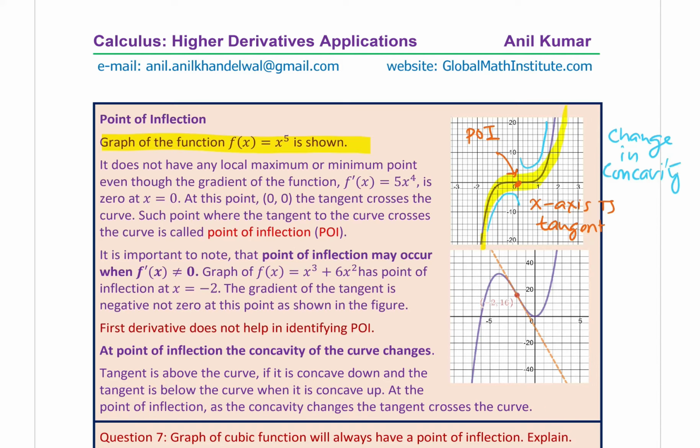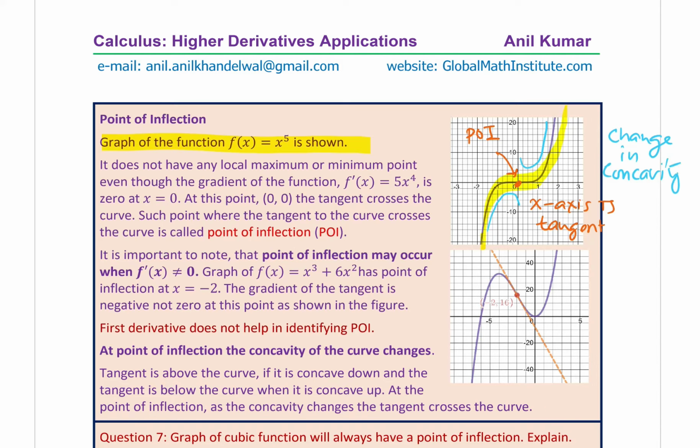So tangent is above the graph. The second thing we have looking here is, if I draw a tangent here, it is above the graph, right? But on this side, it is below the graph. Do you see that? So here tangent is above. In this case, it is below. So in between, it crosses.